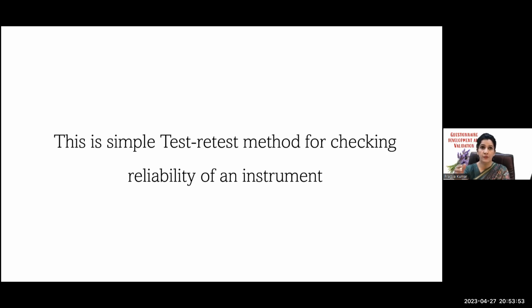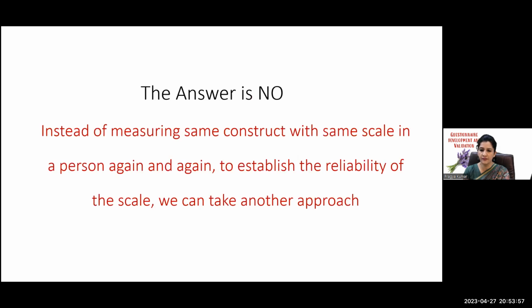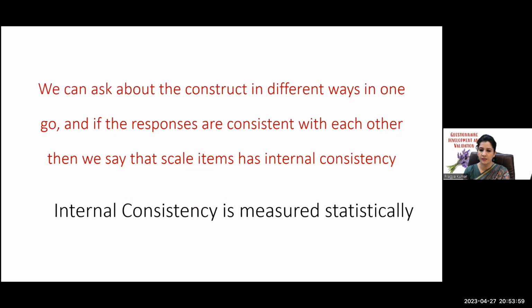So we have talked about test-retest reliability. And then, how do we measure reliability as internal consistency? Internal consistency, we measure statistically, because for measuring the same construct we have more than one item.